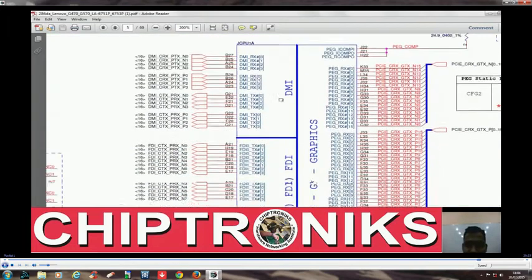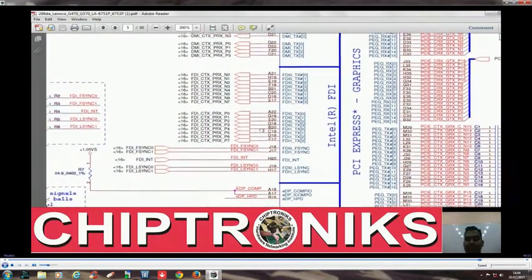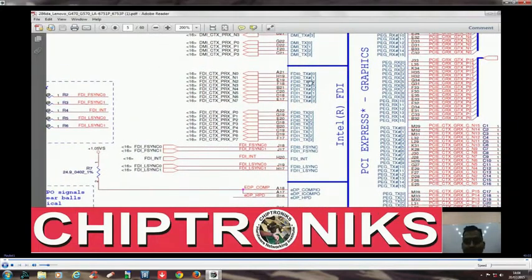This is the DMI connection and this is FDI. The very first page is FDI. You see FDI into 8, right? FDI 0 TX, FDI 0 TX1, right? This is PRX N0, N1, N2, N3, N4, N5, N6, N7. This is P0. This is negative, this is positive. 0 to 7, 8.